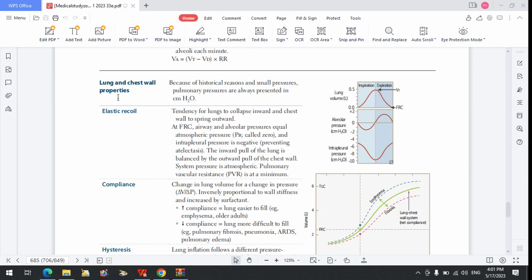Now, before we proceed, let me quickly talk about the functional residual capacity. We defined functional residual capacity yesterday as the volume of air that remains in the lung at the end of a normal tidal expiration, or at the end of a normal quiet expiration. That is functional residual capacity. At functional residual capacity, the lungs are at rest.